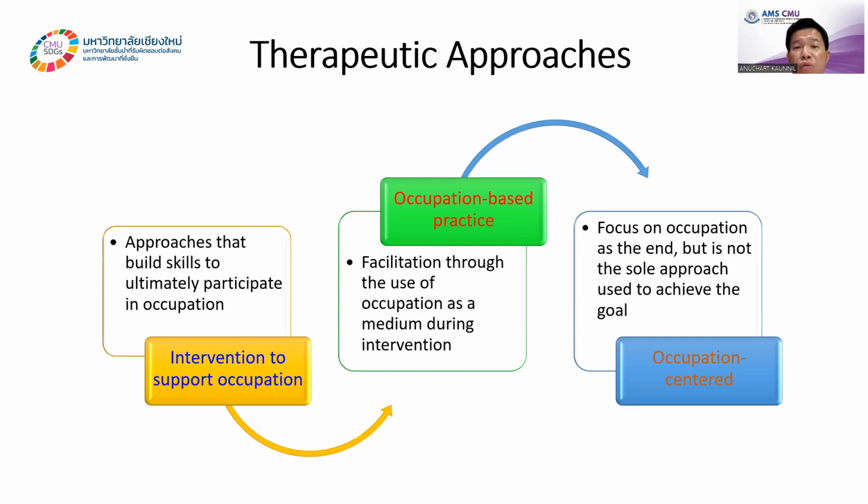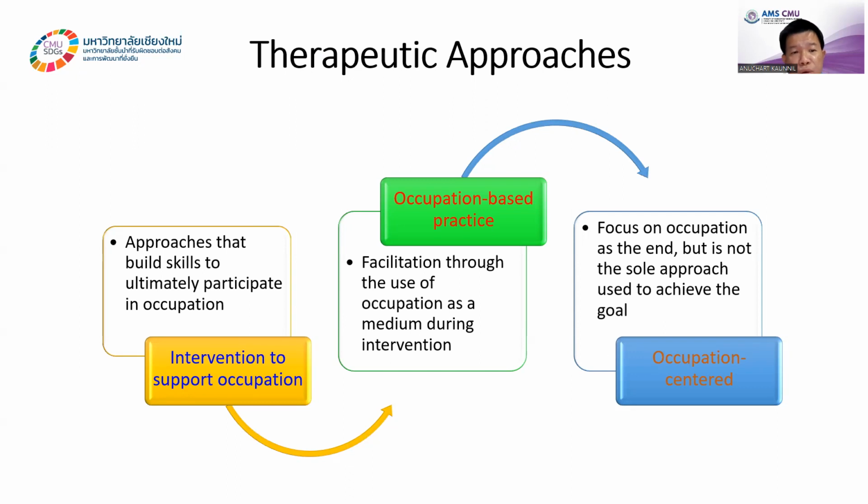This approach builds skill. There are many techniques that we learn in physical dysfunction, such as the NDT technique, the Rood Bobath technique, or cognitive techniques and approaches. All of these can help as intervention to support occupation, right?